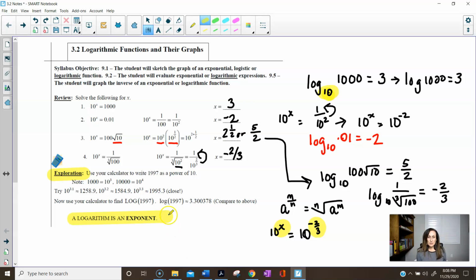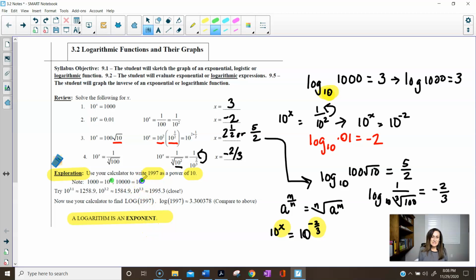But if I said, use your calculator to rewrite 1997 as a power of 10, so I'm saying 10 to what power gives me an answer of 1997, it's a little bit tricky. You start with 10 to the third and realize that's too small.